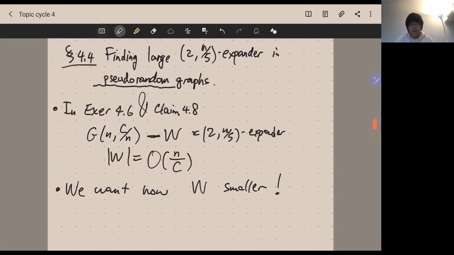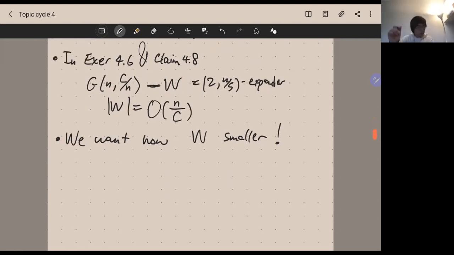Because if we grab some property and this property is deterministic, we can apply it to a fixed graph rather than a random graph. And when you apply it to a random graph, you can just say, okay, with high probability, the random graph satisfies this set of deterministic pseudo-random properties. So again, we are working in the pseudo-random, deterministic setting.